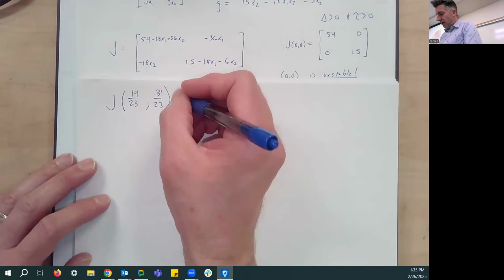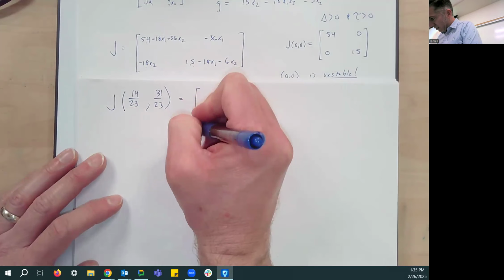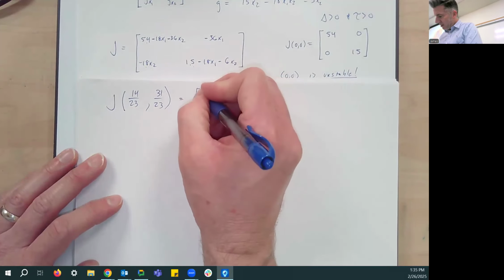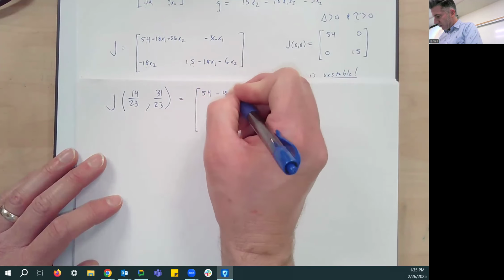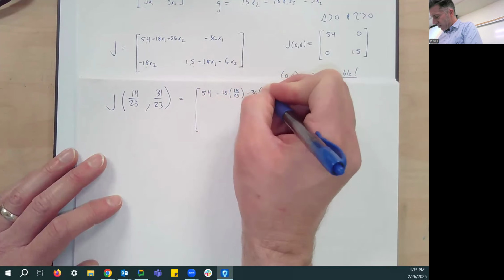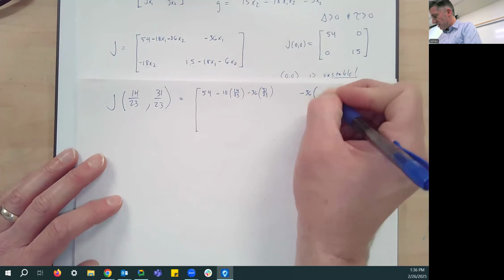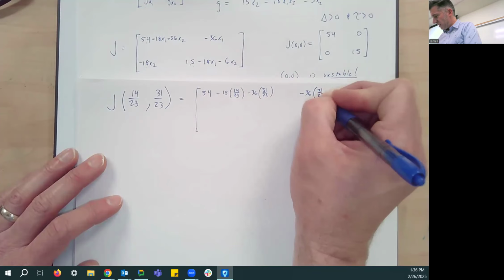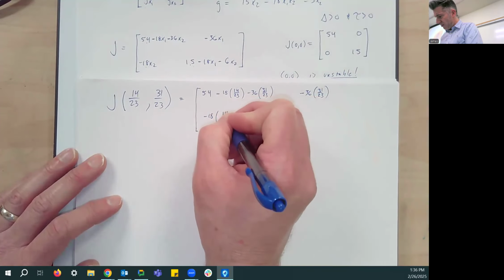So we're going to plug it in here, and really, really looking forward to this, as you can tell. So 54 minus 18 times 14/23 minus 36 times 31/23. Good Lord. And then over here we have a minus 36 times 31/23. And then down here we have a minus 18 times 14/23.